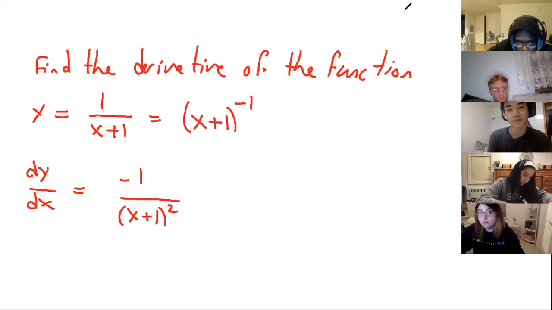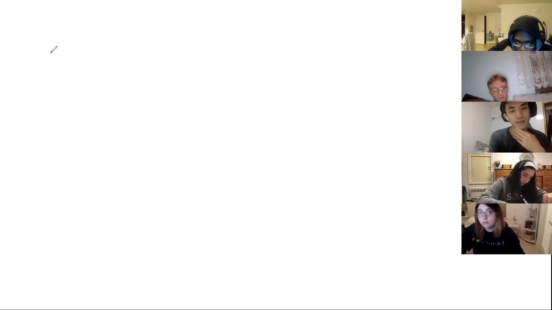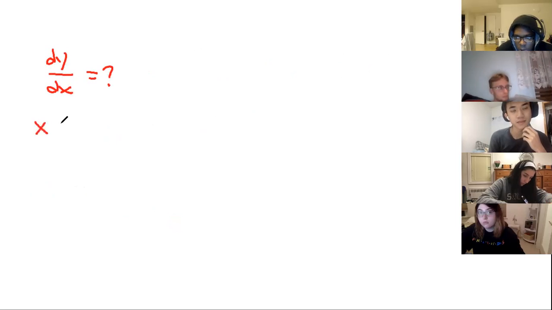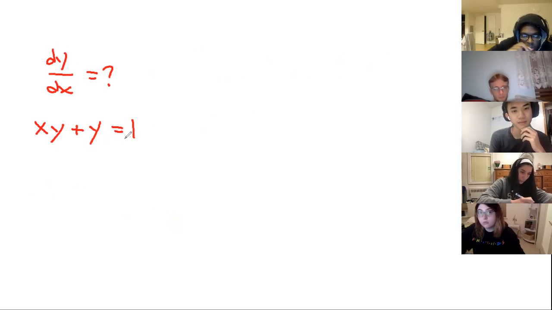Now, suppose that instead I told you to find the dy dx. So this long sentence, find the derivative of y, can be written dy dx equal to I don't know what, where the function is xy plus y equal to 1. You see? So I do not see here what y equals to, but because the equation is very simple, I can solve.